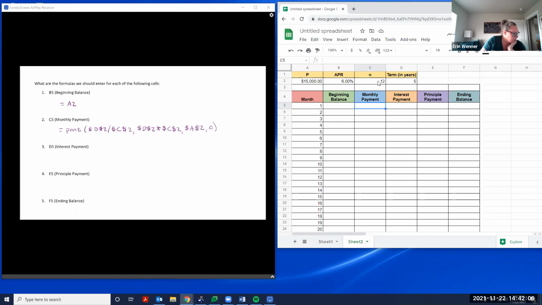For the interest payment, we're going to do equals $B$2 divided by $C$2, and then times B5. So $B$2 divided by $C$2 is just that 6% divided by 12, giving us our periodic rate. B5 is what that balance is.